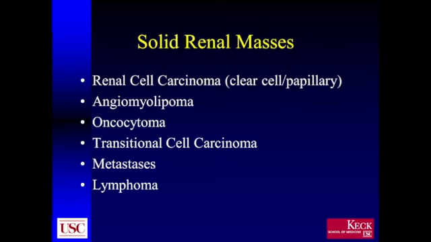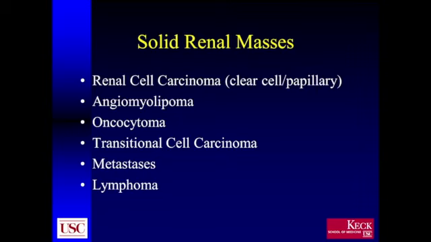I think most are familiar with the fact that transitional cell carcinoma is another lesion that may occur in the kidney. Of course, it may occur in the ureter, in the bladder, but when they occur in the kidney, again, they will present as usually a central mass. But the differentiation between garden variety renal cell carcinoma and transitional cell carcinoma may be difficult.